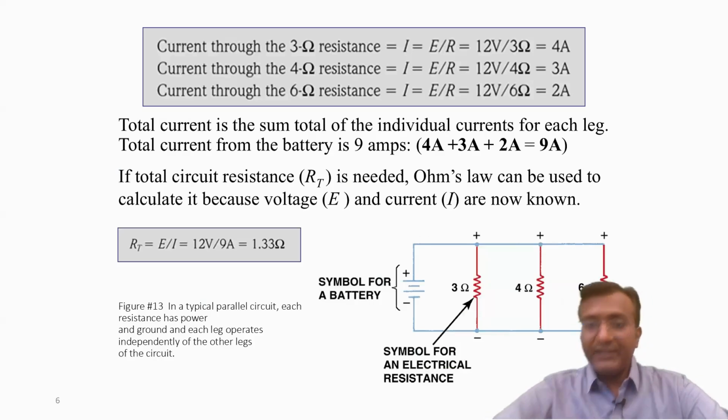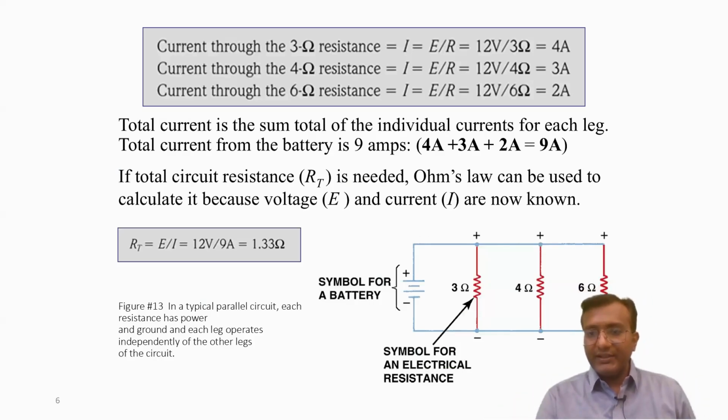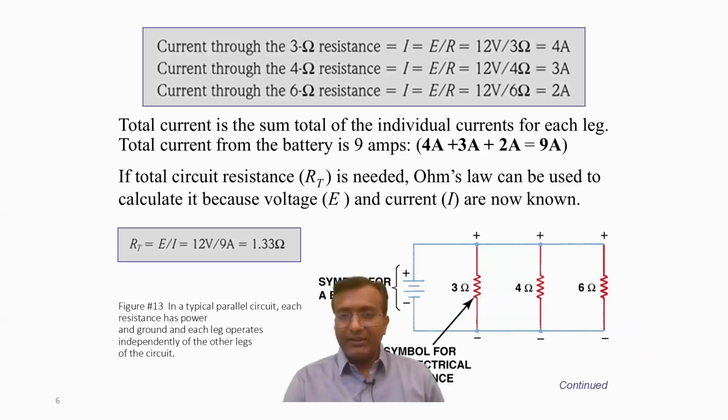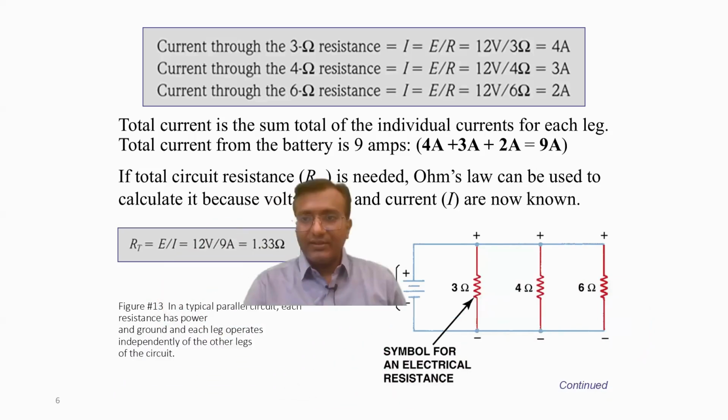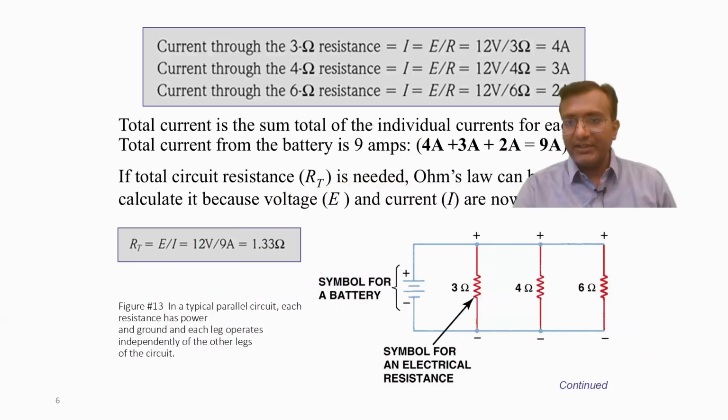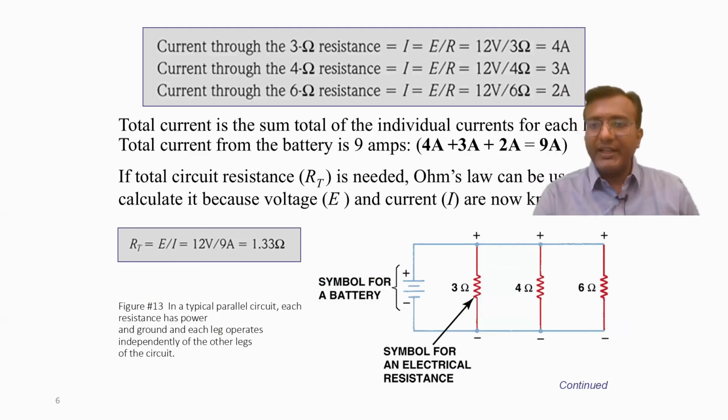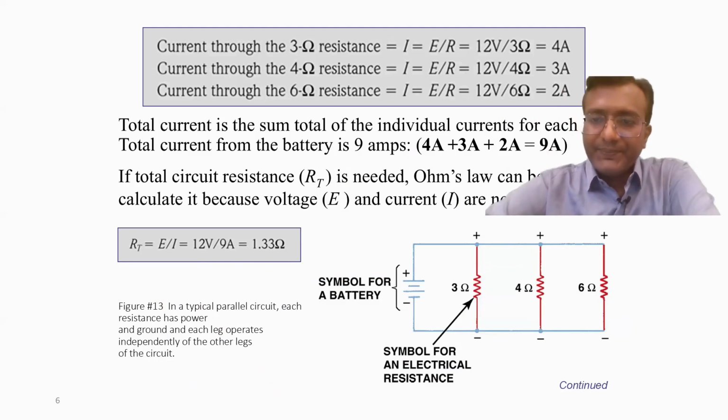Now take this as a sample problem. Okay, now everybody can see this diagram. Here you can see there are three loads connected in parallel to the source. We have the resistance values for each load.